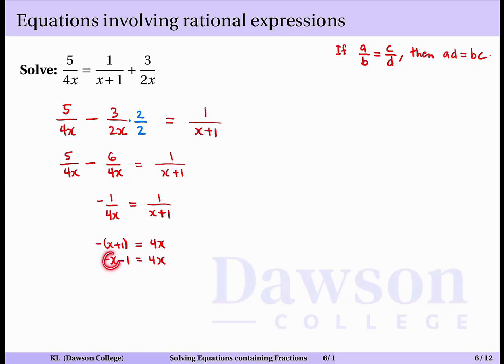If we bring this to the other side, we will have negative 1 equals 4x plus x, which is equal to 5x. And finally, dividing by 5 on both sides of the equation, we will have x equals negative 1 over 5.